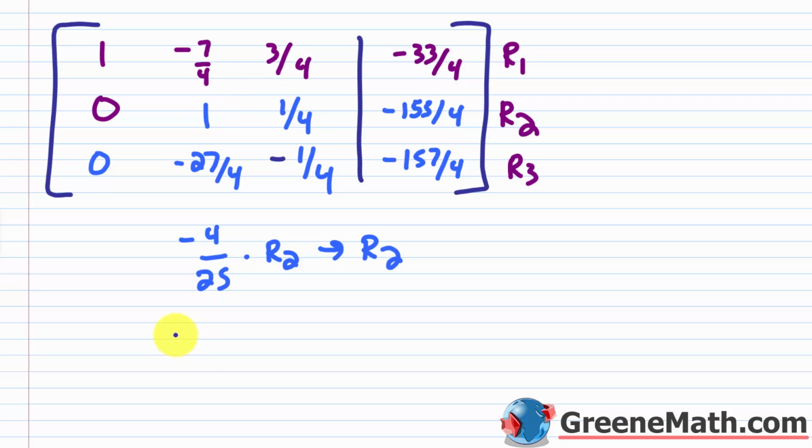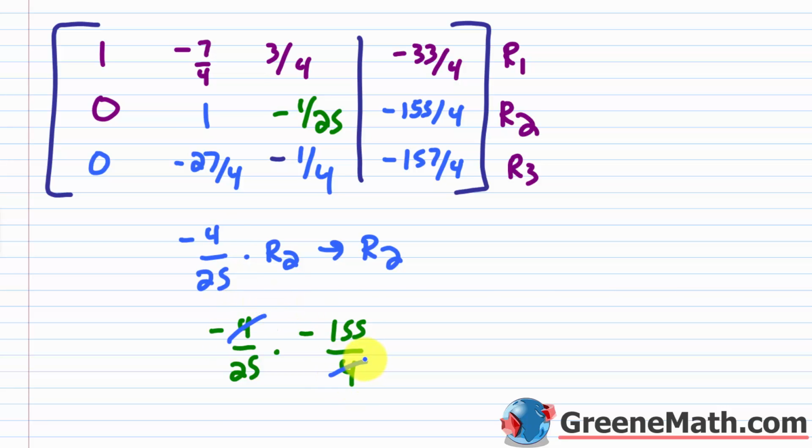And then this guy right here, you'd have 1/4 times negative 4/25. So what's going to happen is this will cancel with this. I'll have a negative 1/25. Okay, and then let me erase this. The last thing I want to do is I want to take negative 4/25 and multiply it by negative 155 over 4.